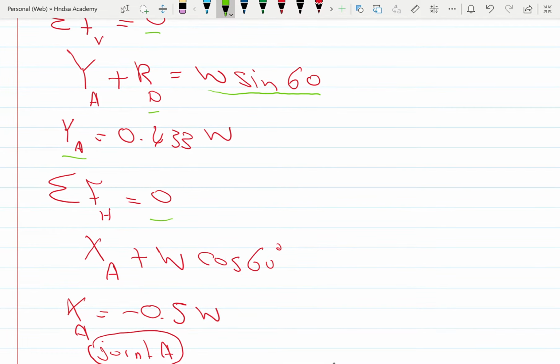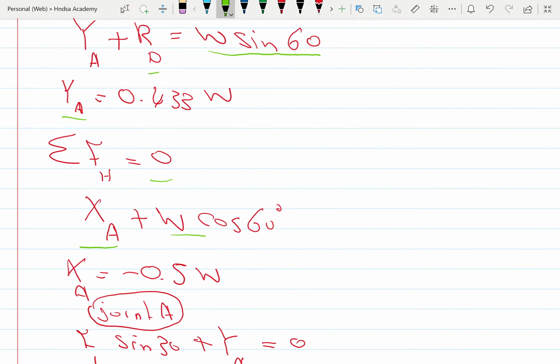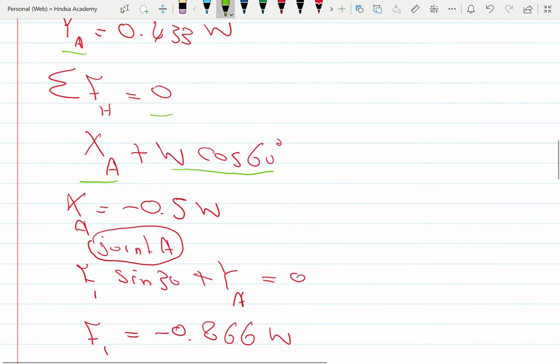So the horizontal component of reaction A plus W cosine theta, the horizontal component of the force, will give us XA equals minus 0.5 W.